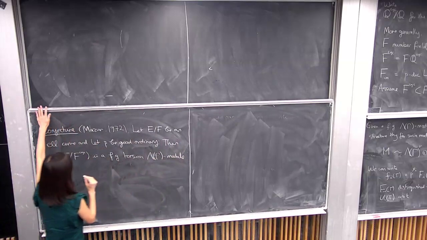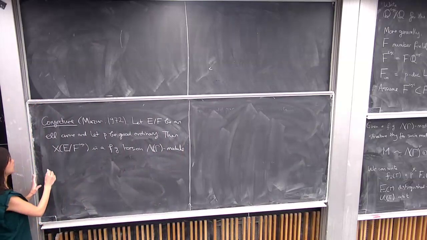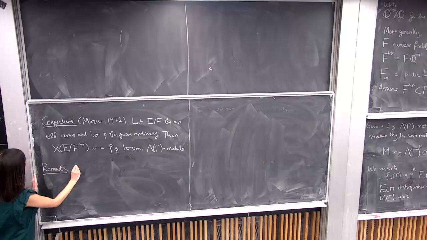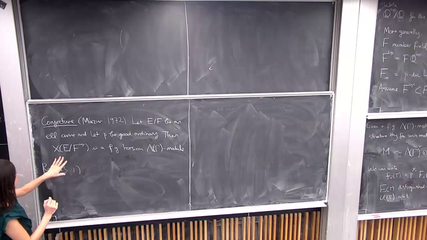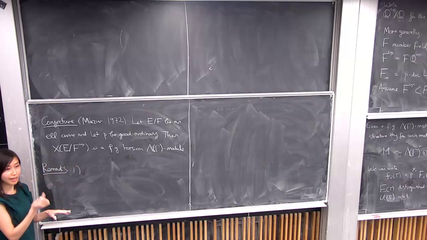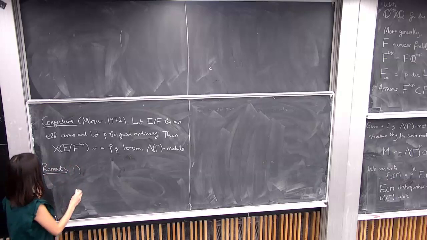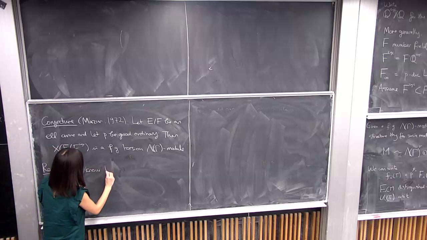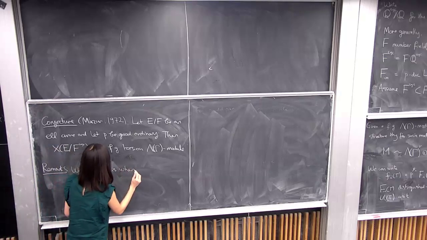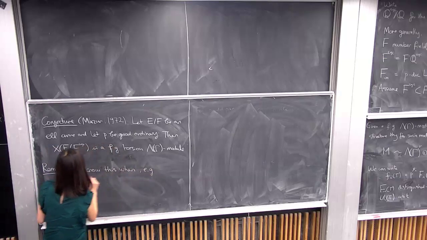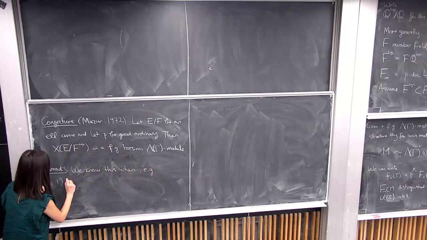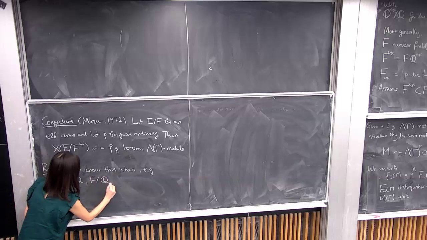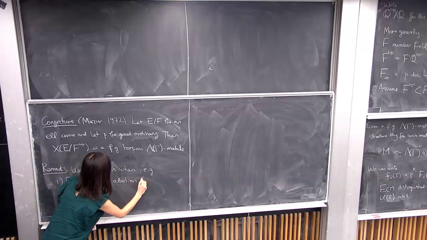And there has been progress on this conjecture. For example, Kato showed that this holds when E is defined over Q and F is an abelian extension over Q. This is due to Kato.